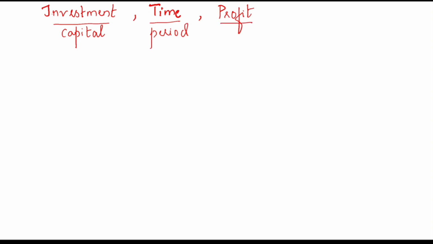And profit is the gain. Or you can simply say profit is what we get more than what we have invested. If we have invested rupees 5,000 in a business and we get back returns of 7,000, that means 2,000 is our profit. 5,000 is what we had invested, and the extra money we get above that invested money, we call it profit.